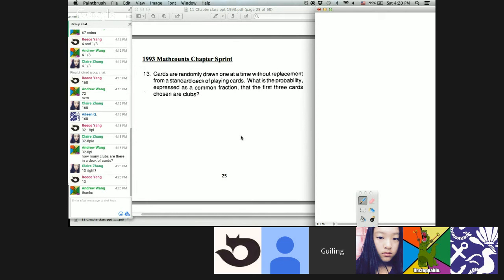So there are a total of 52 cards, and 13 clubs, 13 spades, 13 hearts, 13 diamonds.